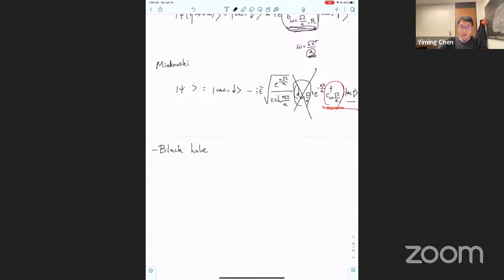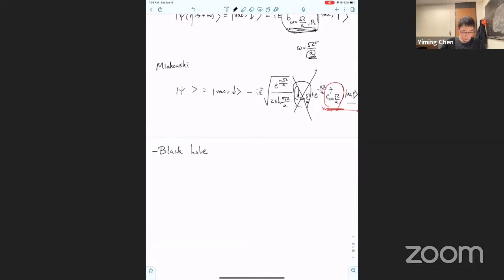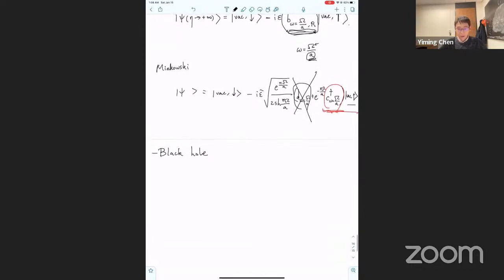Of course, for the black hole discussion, the most classic reference is the original paper by Hawking, which I definitely also recommend you read. It's a very classical paper. But here I will be using some analogy with the Unruh effect to say something about the black hole.